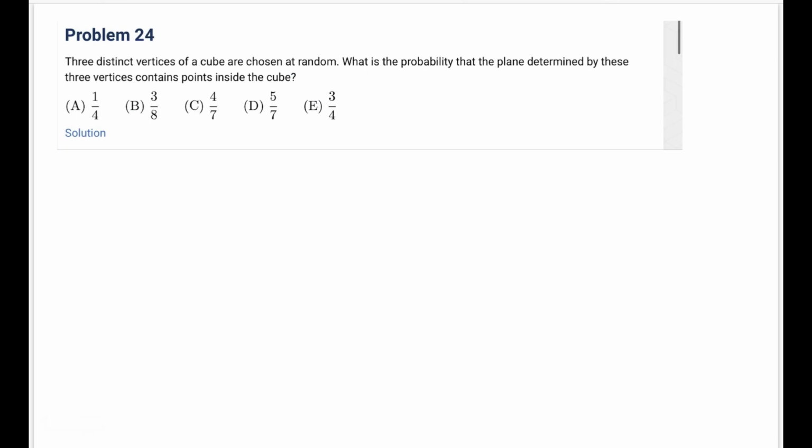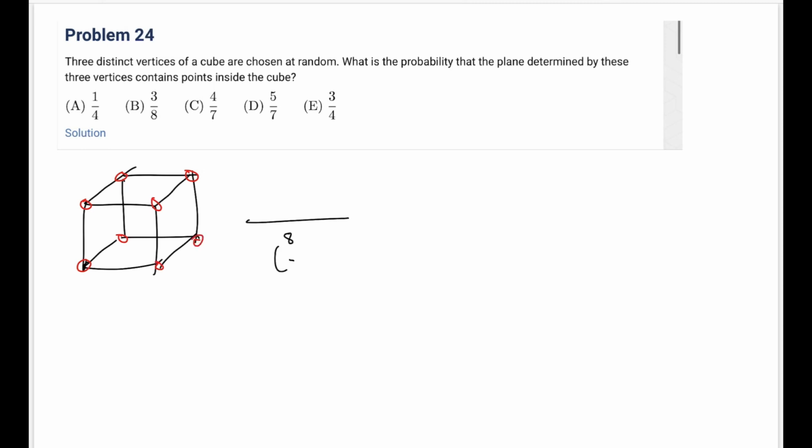Number 24, 3 distinct vertices of a cube are chosen at random. What is the probability that the plane determined by these 3 vertices contains points inside the cube? Okay, so we have a cube like this, and then we have 8 vertices, as always, and we are choosing 3 of them, so the bottom line will be 8 choose 3, right?